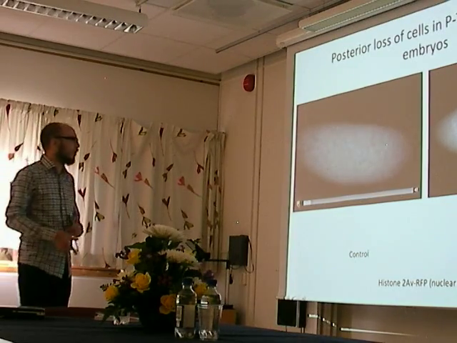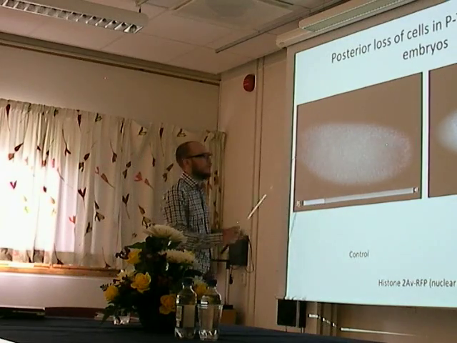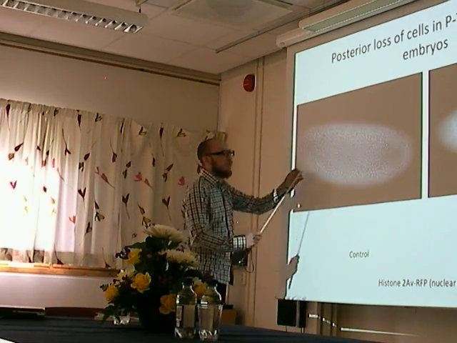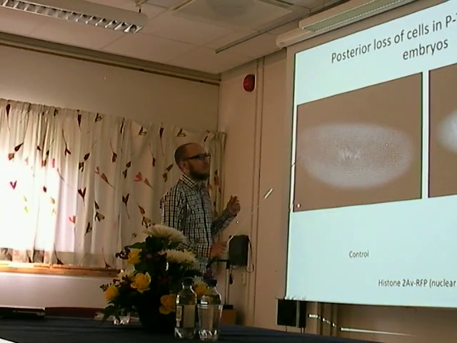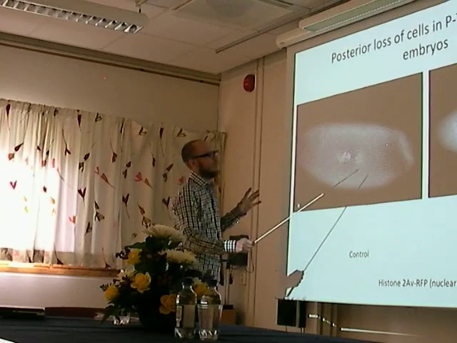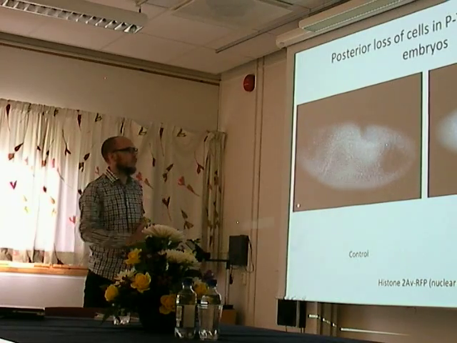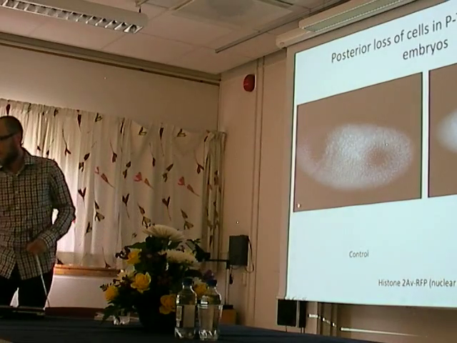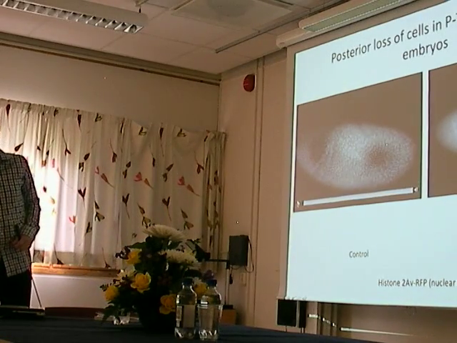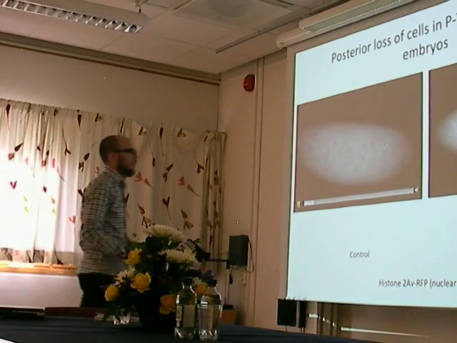These are wild-type embryos. Here you can see that we have a very rapid nuclear division, with nuclei covering the whole embryo, and this now turns into a gastrulating embryo. This is the head furrow here.